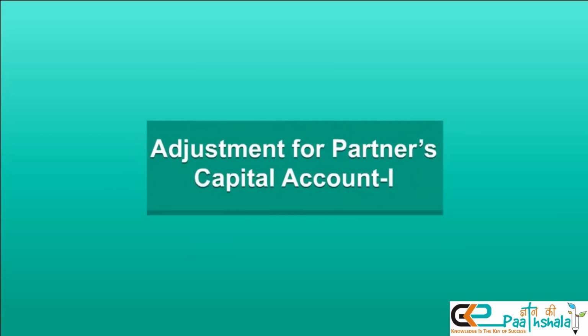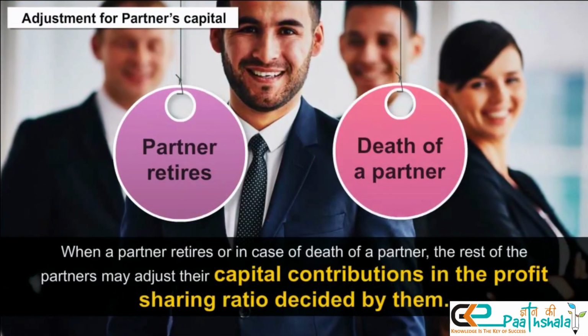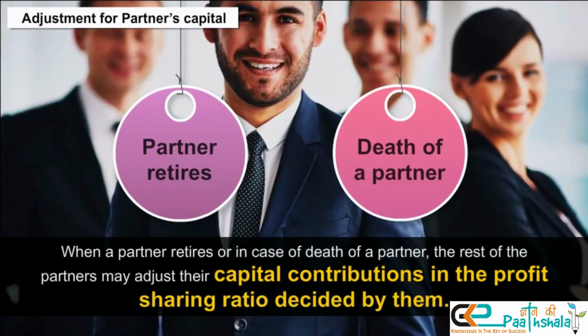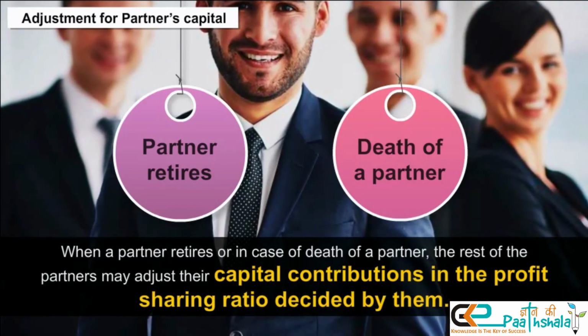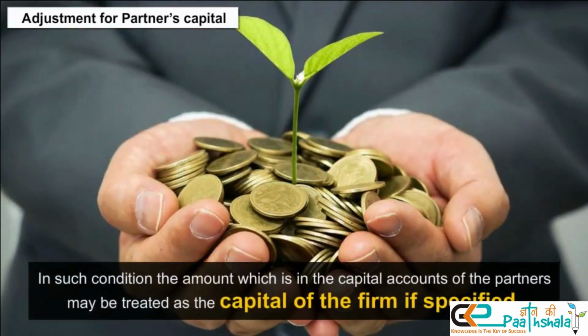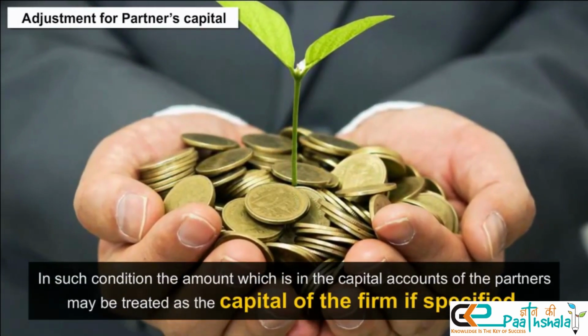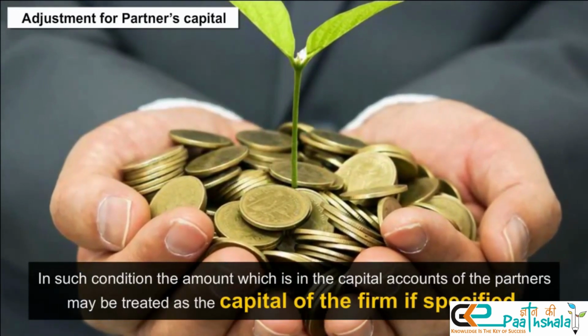Adjustment for partner's capital account 1. When a partner retires or in case of death of a partner, the rest of the partners may adjust their capital contributions in the profit-sharing ratio decided by them. In such a condition, the amount in the capital accounts of the partners may be treated as the capital of the firm if specified.